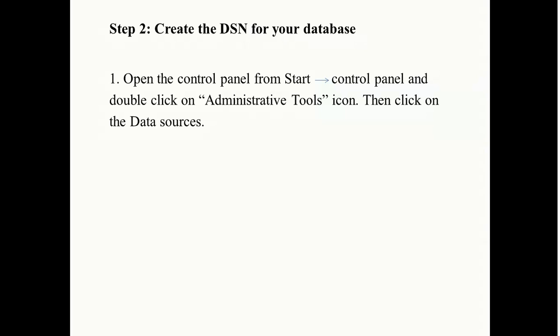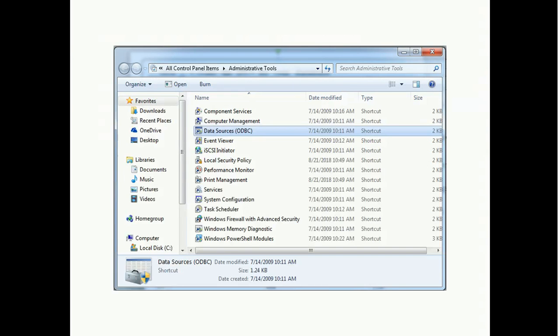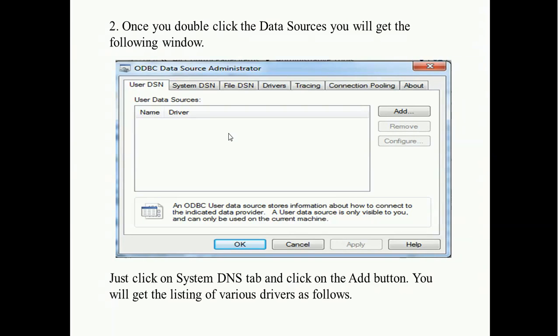And for that, first click on start, choose the control panel and then double click on administrative tools. After clicking on administrative tools, this window is visible on your screen, and in that we choose the data source name. So when you choose the data source name, this window is displayed on your screen.